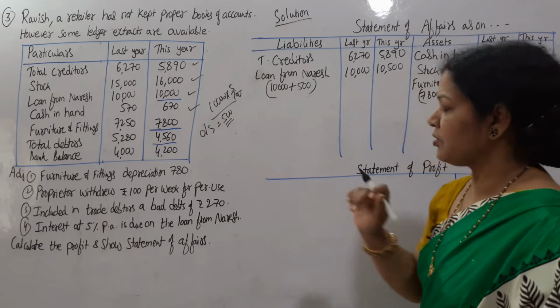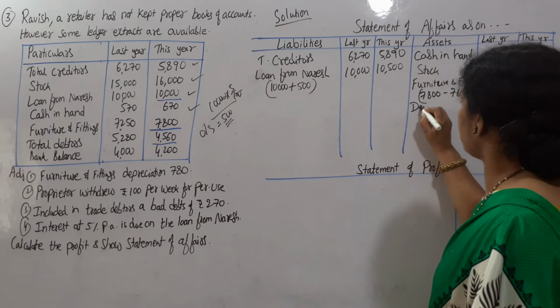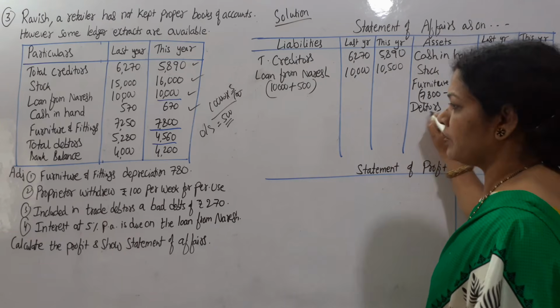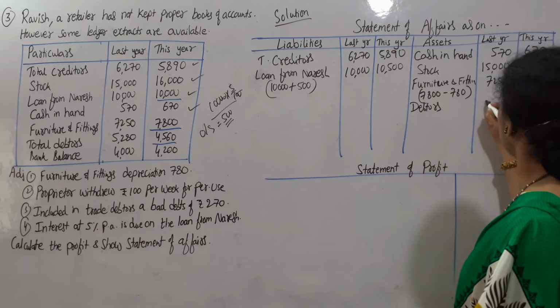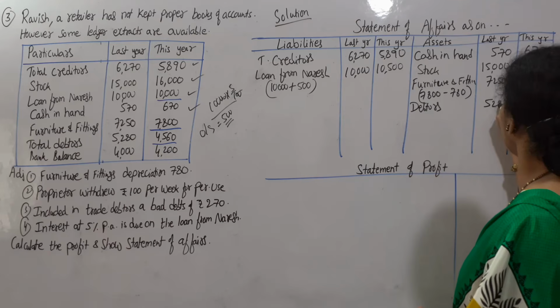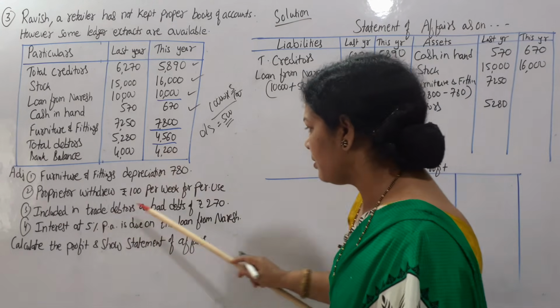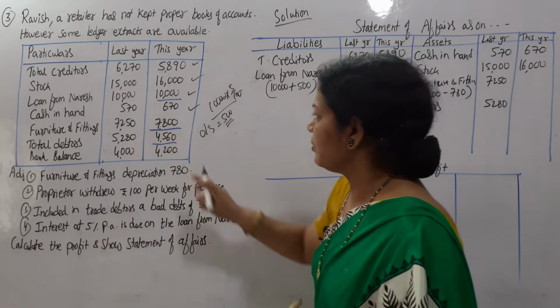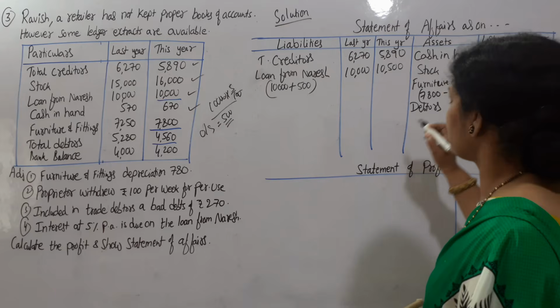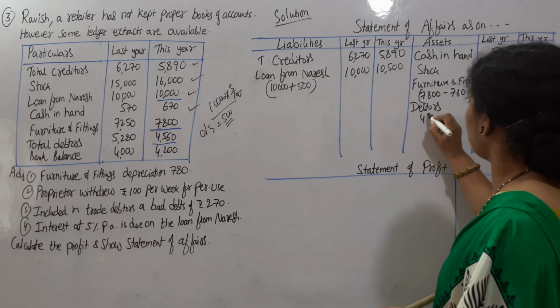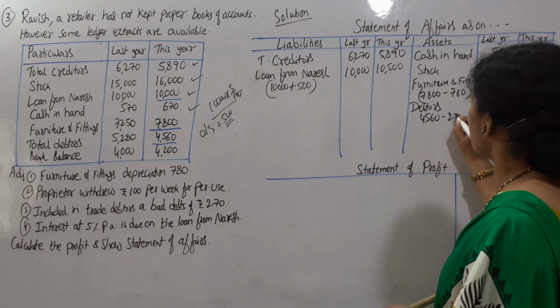And next, debtors. Debtors also have an adjustment. First year will be 5,280 as it is. Second year debtors, 270 is included. So 4,560 minus 270.